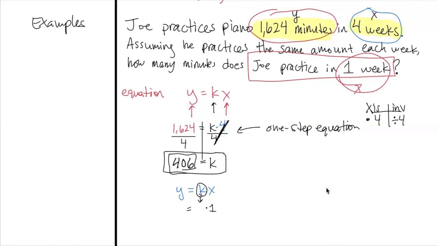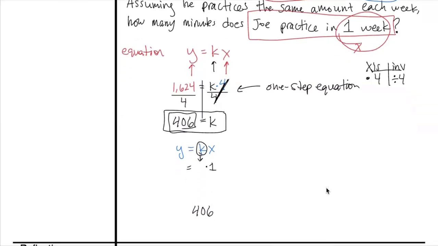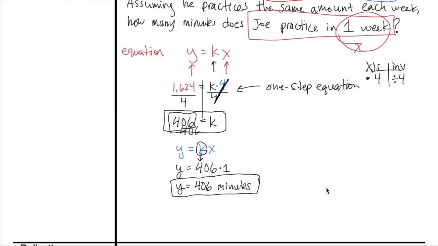I'm going to bring that 406 down here and multiply it by 1. That's y, how many minutes that is. So 406 times 1 is just 406. That's my answer. Let me put some units on there: 406 minutes. So you're really going to use the equation twice.